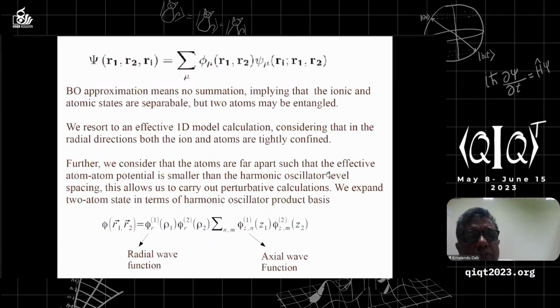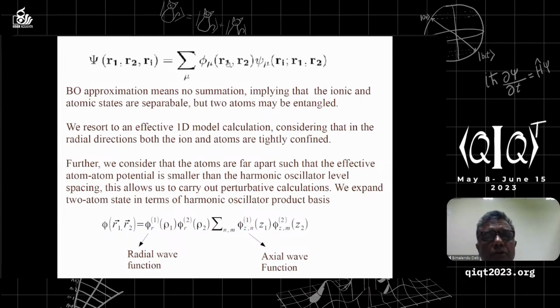So this is the three-body wave function of the two atoms and the ion. The summation over mu stands for all possible quantum numbers. Here phi mu is the atomic wave function, and this is the ionic wave function, which parametrically depends on the atomic position variables under the Born-Oppenheimer approximation.